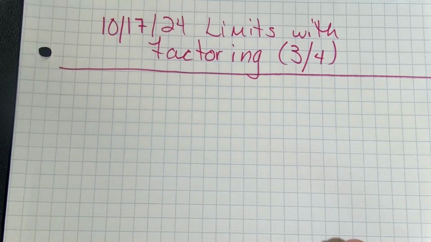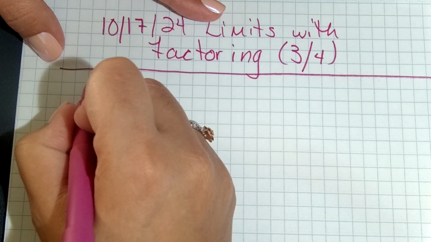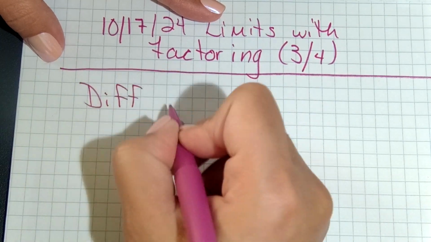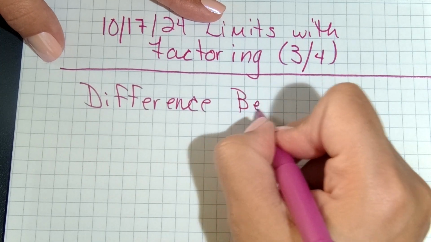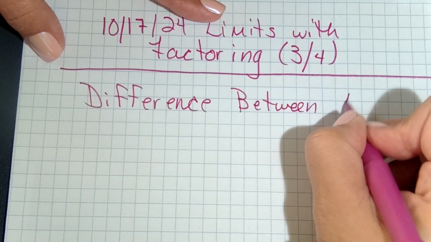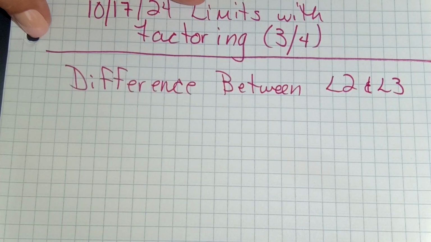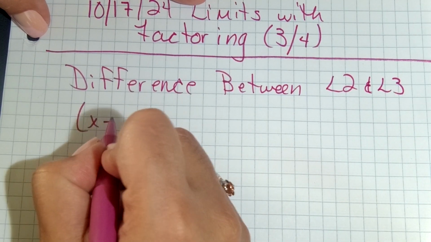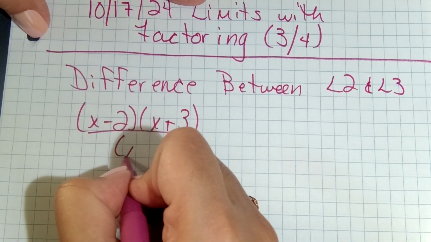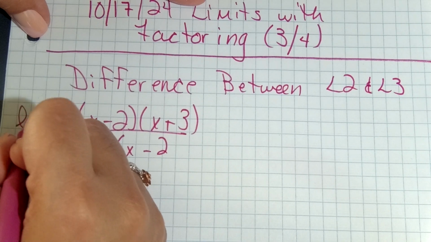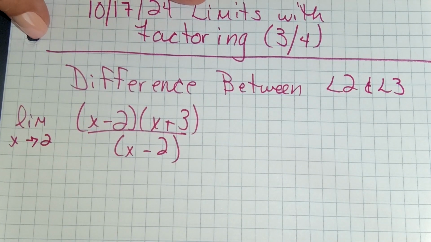For limits with factoring, you will see the difference between level 2 and 3 is as follows. In level 2, we had x minus 2, x plus 3 over x minus 2, let's say the limit as x approaches 2.